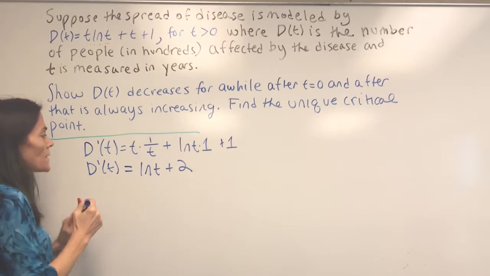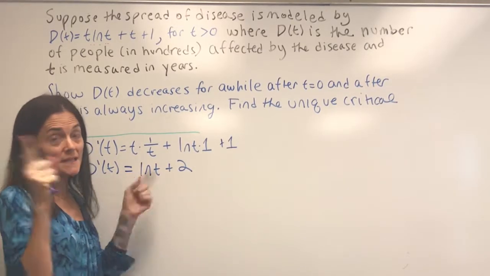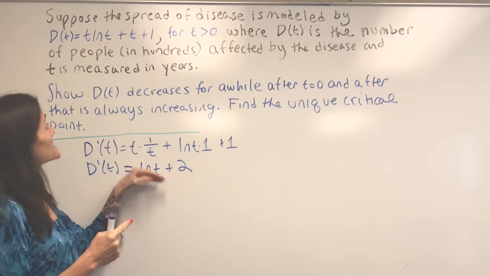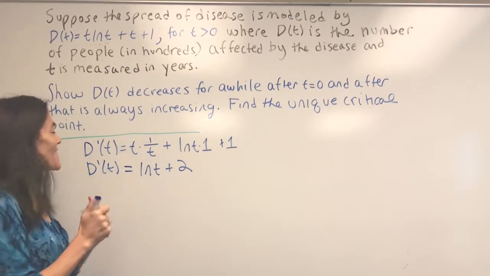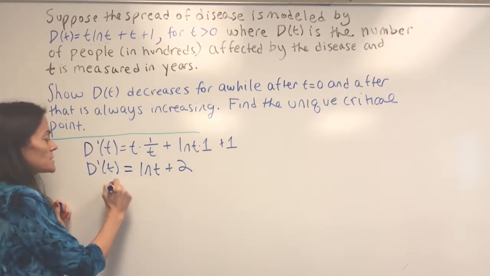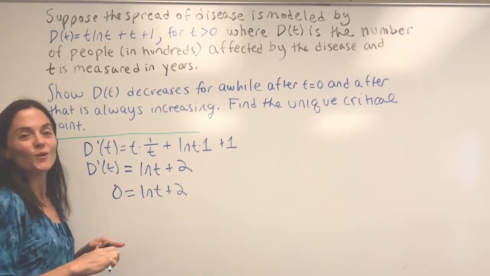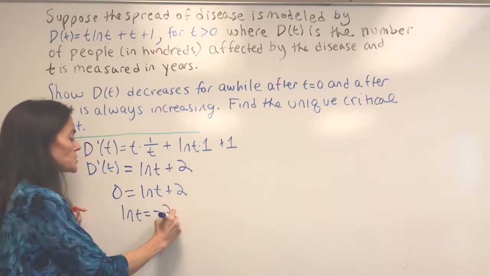Okay, so this derivative, in terms of critical points being where it does not exist or where the derivative is 0, exists everywhere that's in the domain, and so we don't need to worry about does not exist. So I need to set it equal to 0 to look for critical points. And then I get ln t is -2.